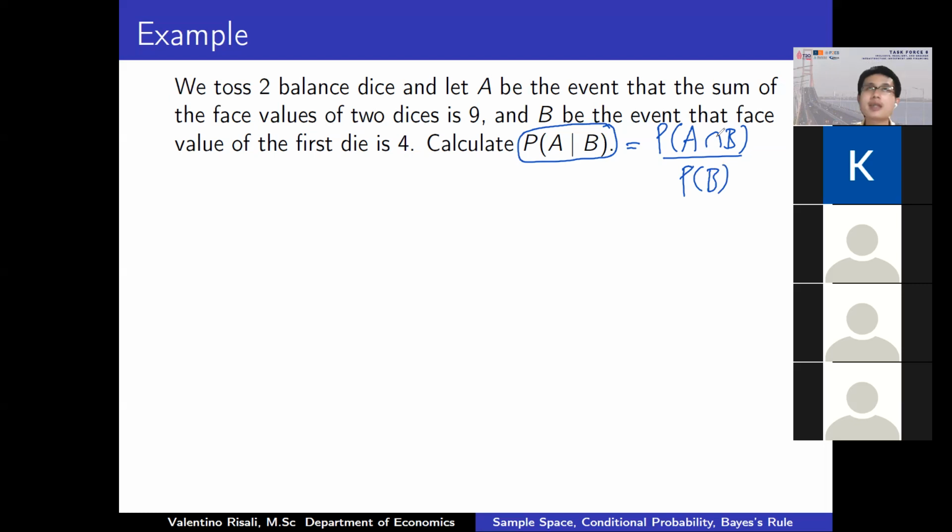The first step is to list all of the members of these events.